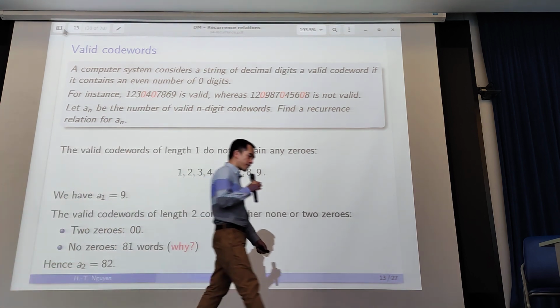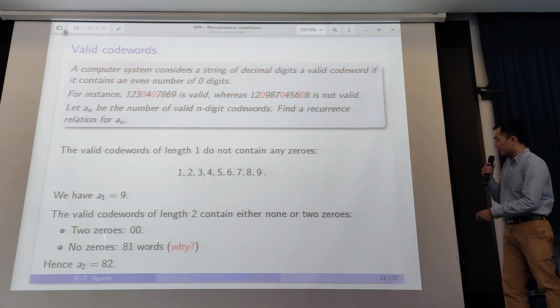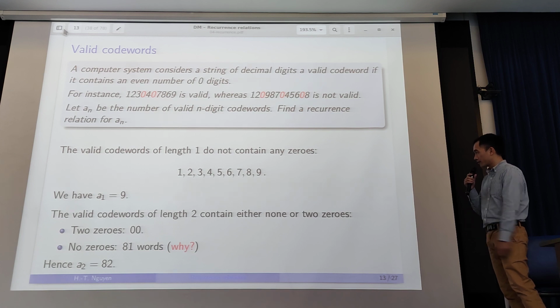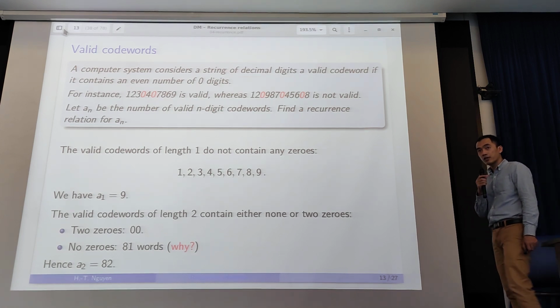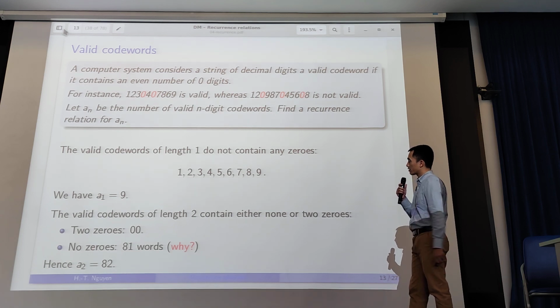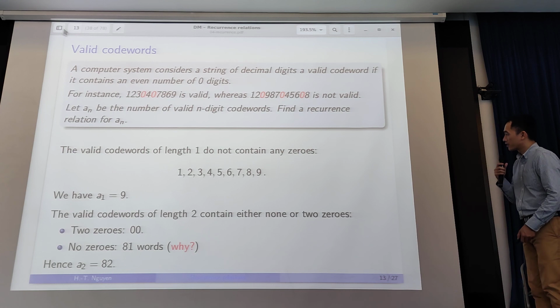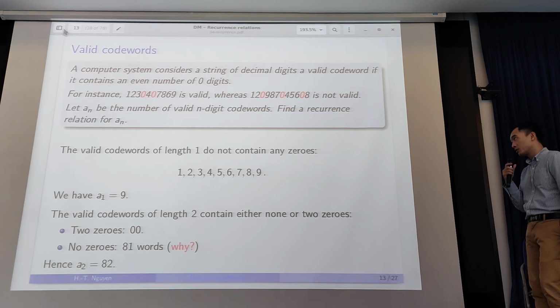But if you look at the 2 values here, there is no trivial connection between these 2 values. So how can you get to 82 starting from 9? Maybe it's 9 times 1 plus 1, or I don't know.